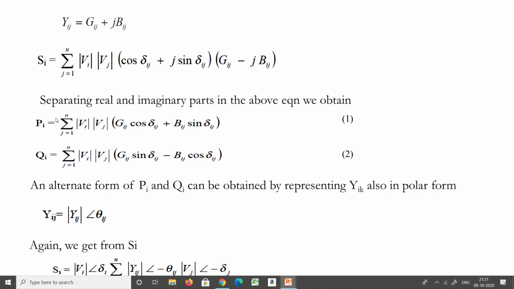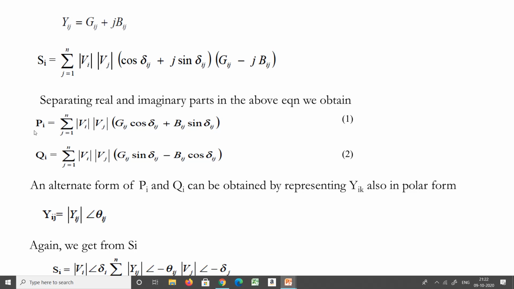By separating the real and imaginary parts from the above equation, that is P plus jQi, we multiply with G and B, and then split the real and imaginary parts.